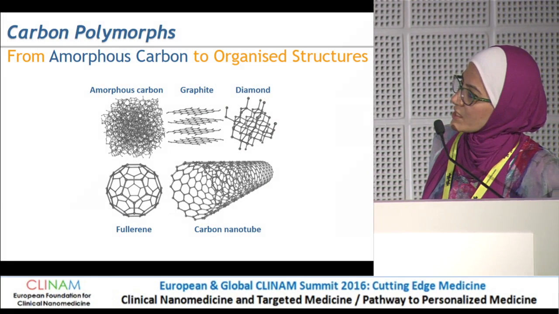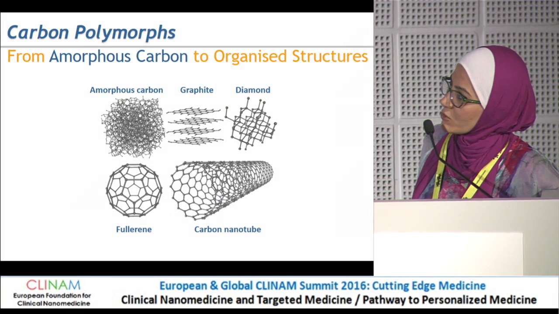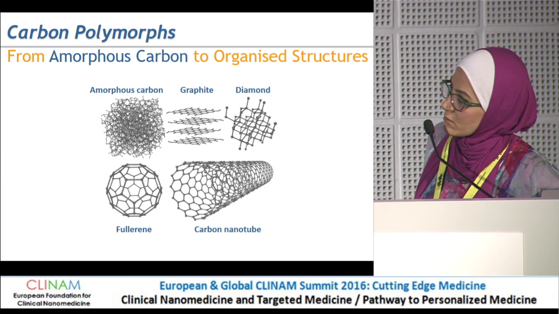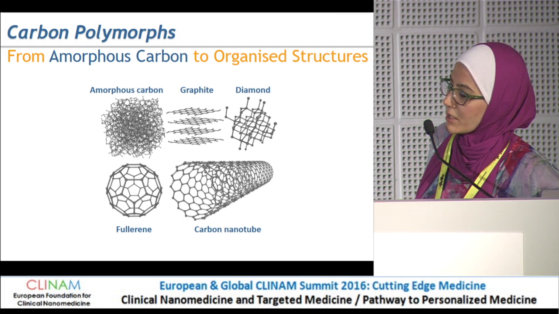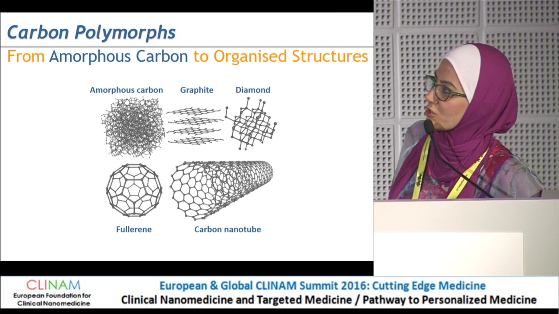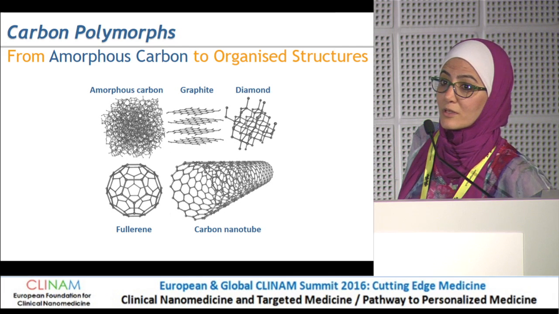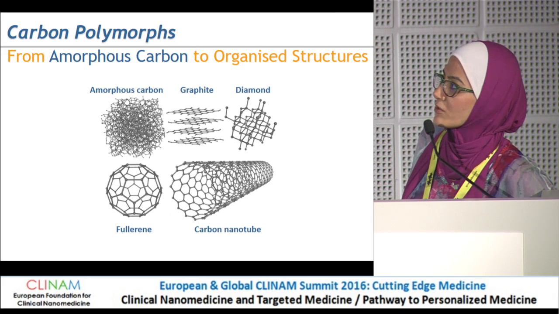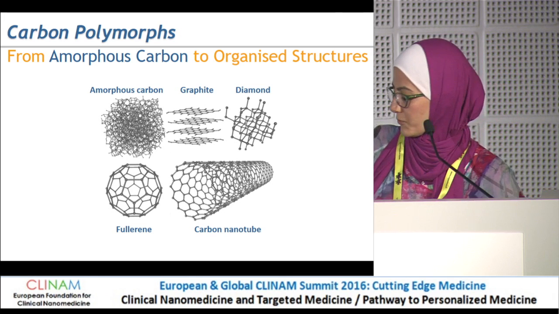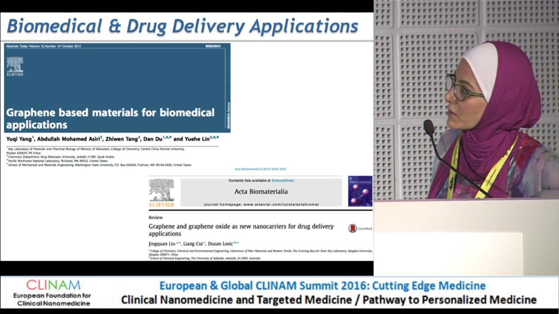So this is where graphene fits. It comes from the material graphite, and you can appreciate that there are many forms of carbon, ranging from very irregular amorphous carbon to highly organized nanotubes or graphitic structures. It's all made of carbon, but the size and the properties of the material make them hugely different, and we need to understand what's happening.